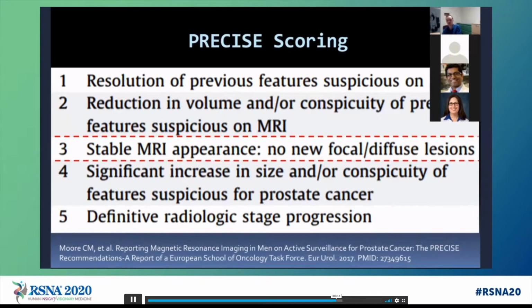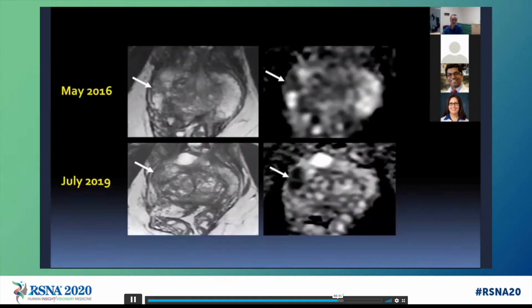And really, we're interested if it goes to 4, where we think that there's been progression in the lesion, which probably triggers a repeat biopsy, or 5, which we hope not to see, where we see definitive stage progression from a radiology point of view. So going from what would be T2 disease to T3A, T3B, T4 disease, or possibly nodal involvement.